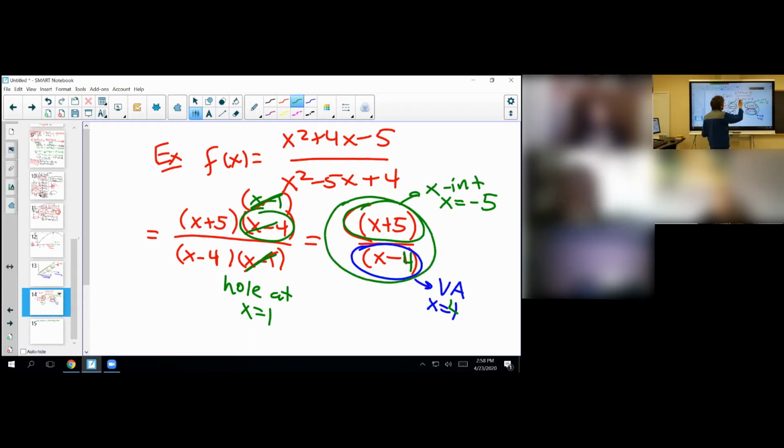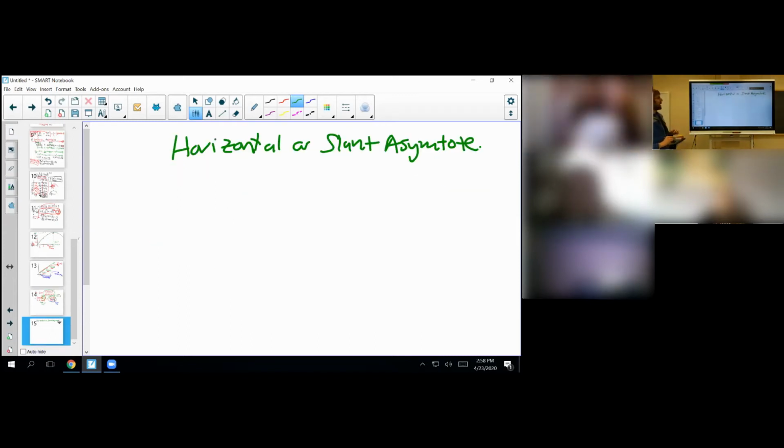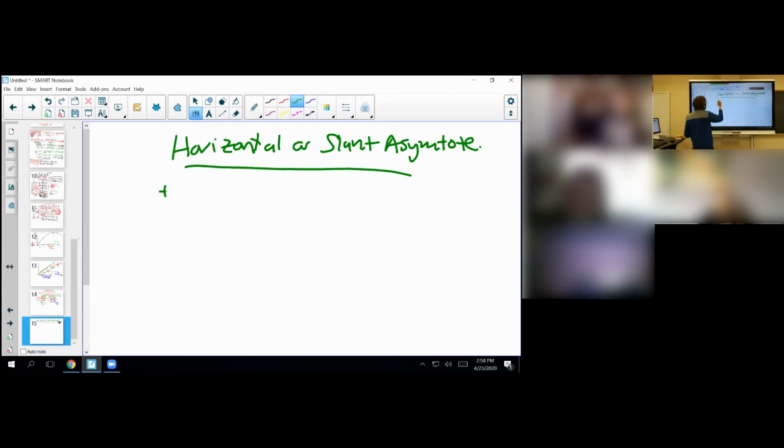But just to illustrate, I'm actually going to go off the original. It makes it a little bit harder on myself, but sometimes you have to go off the original. So anyway, the key here is long division.